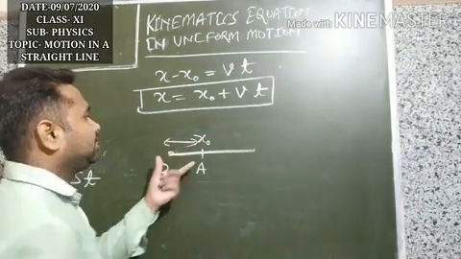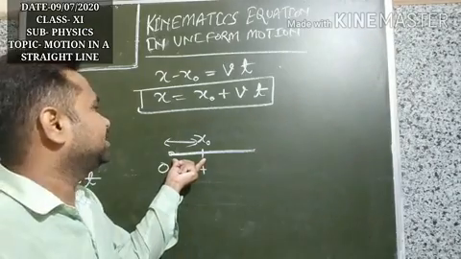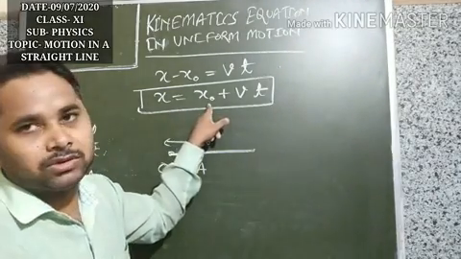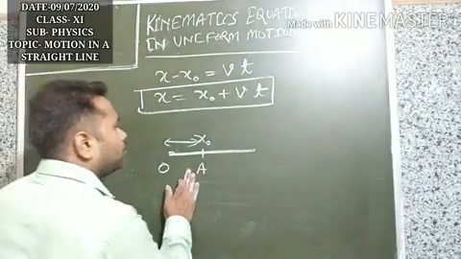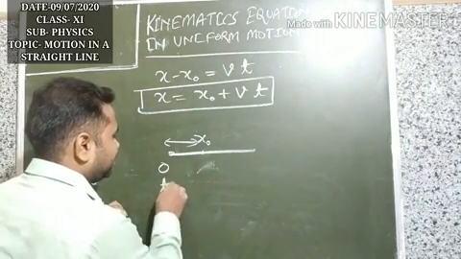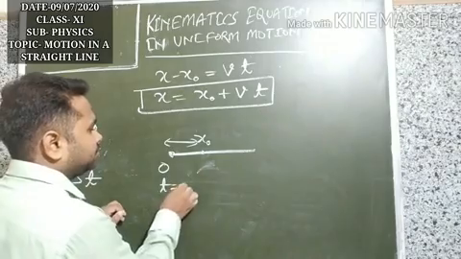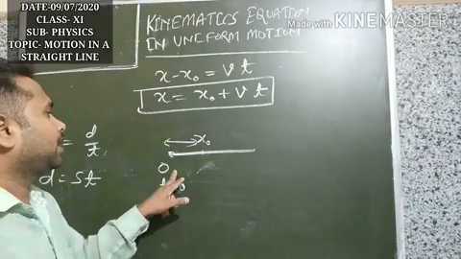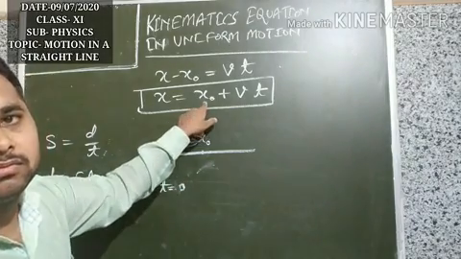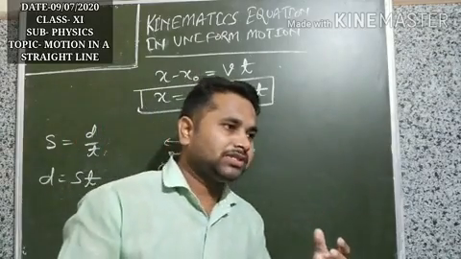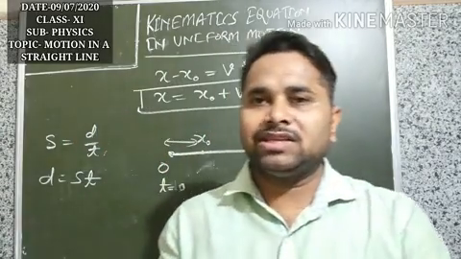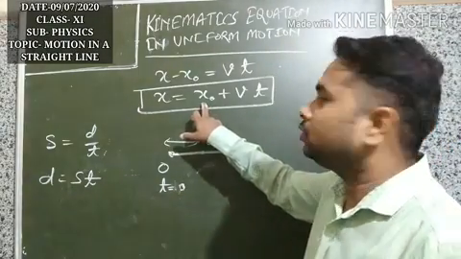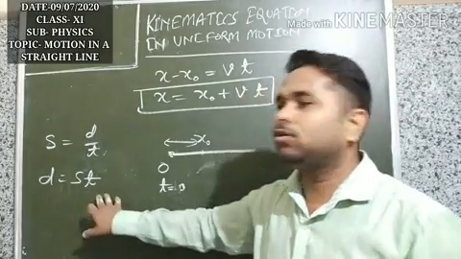This is the initial displacement or initial distance traveled by the body, so the expression has x0. Suppose when observation starts, the clock also starts from the same reference point. Suppose t equals 0 were here, for this diagram x0 becomes 0. If the clock had also started from where the reference point was marked, then in this case x0 becomes 0. So finally you will get distance equals speed into time.